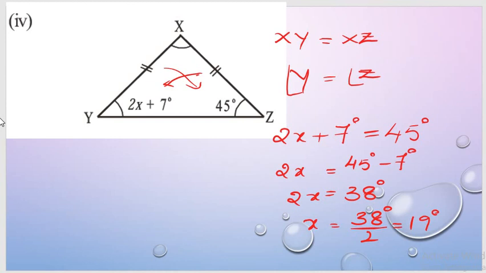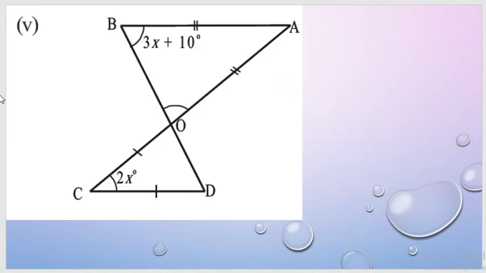Right? So the basic idea behind this problem is the isosceles triangle. In an isosceles triangle, the angles opposite to equal sides are equal. Right? So moving on to the next question. Here we are given two triangles, triangle ABO and triangle COD.